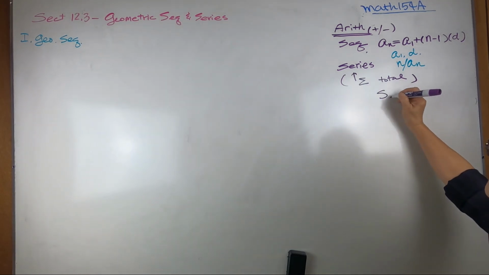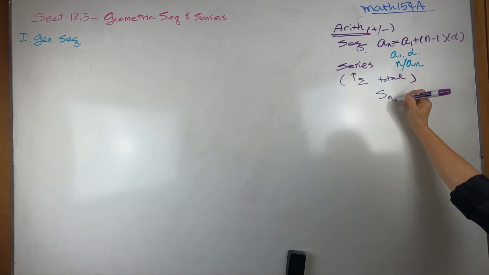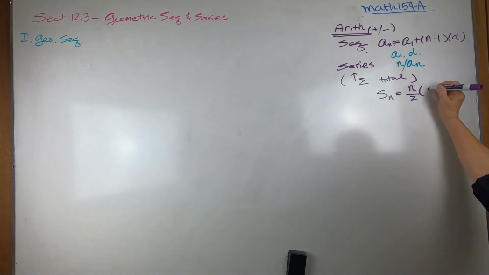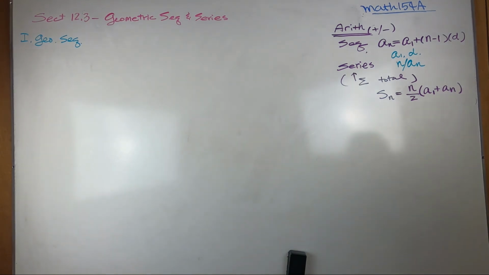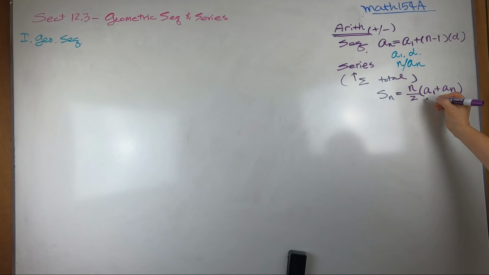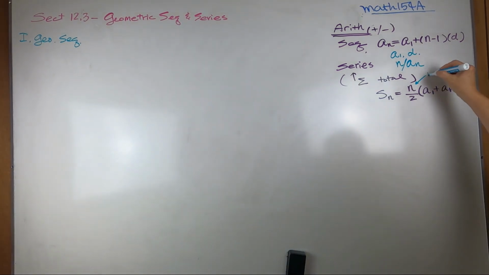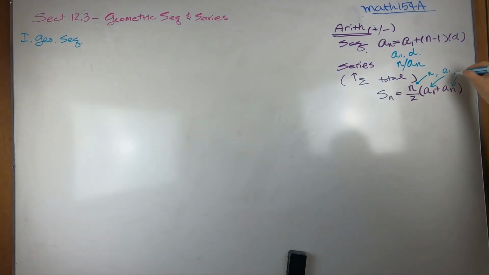We use S_n. For a finite number of terms up to the nth term, it is n over 2 times (a_1 plus a_n). For this, we need n, a_1, and a_n.